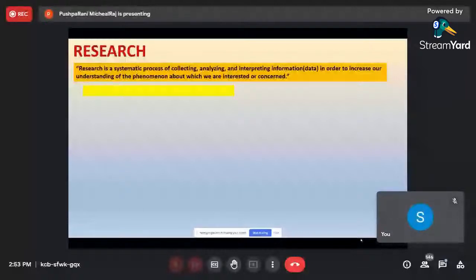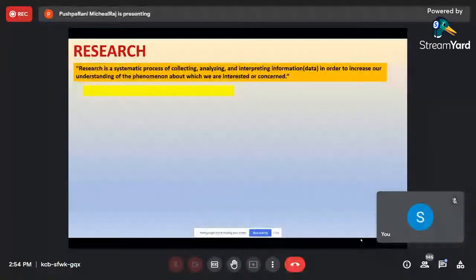And research is a systematic process of collecting, analyzing, and interpreting. You should give a meaningful interpretation for the particular information you collected in order to increase understanding for the readers or in order to understand the phenomenon about the question that you created at the beginning.